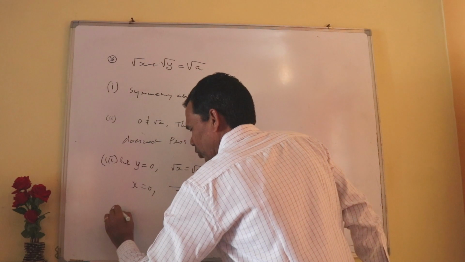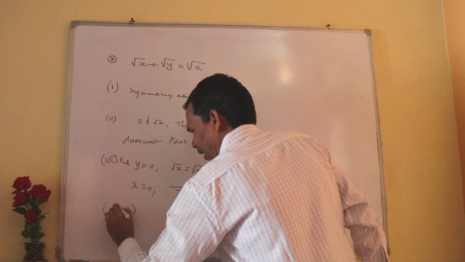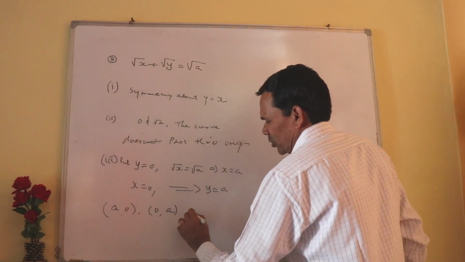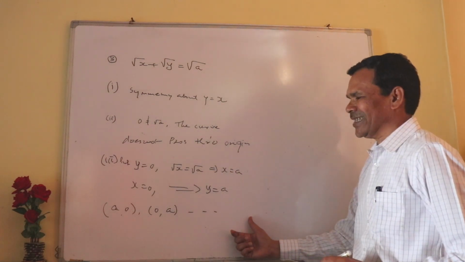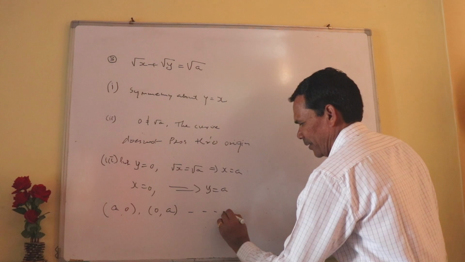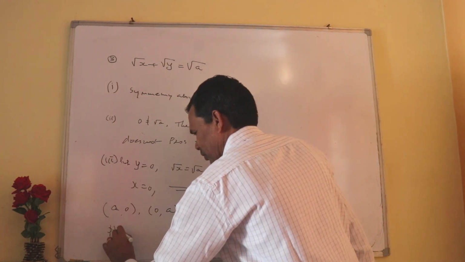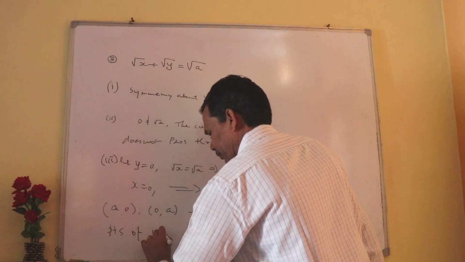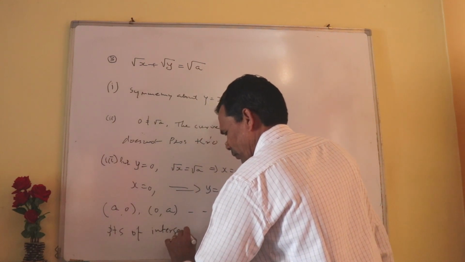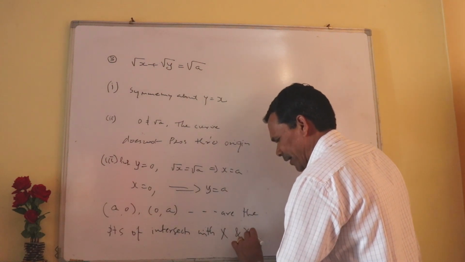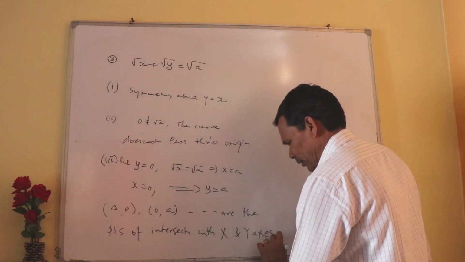So (a, 0) and (0, a) are the points of intersection of the curve with the x and y axes respectively.